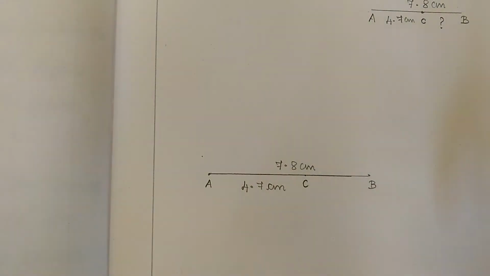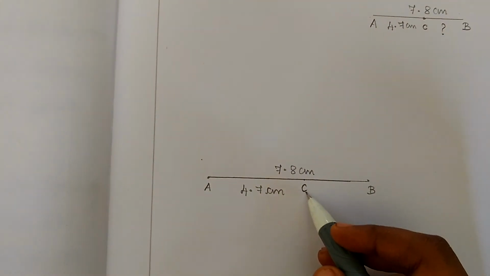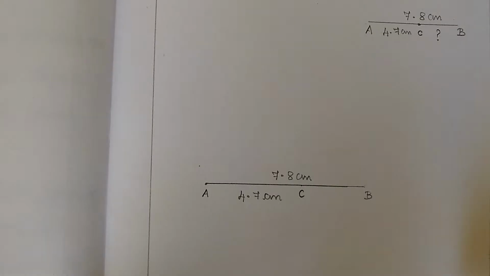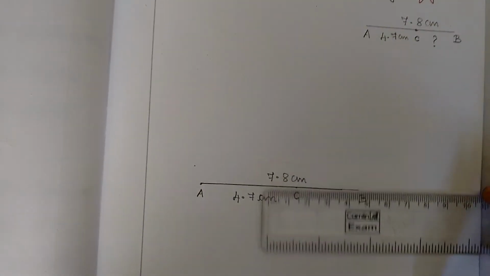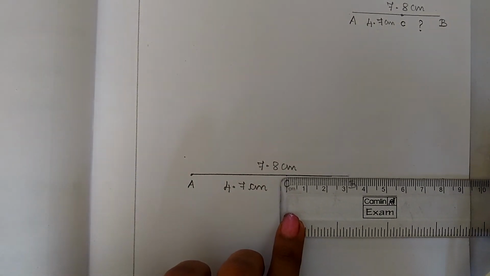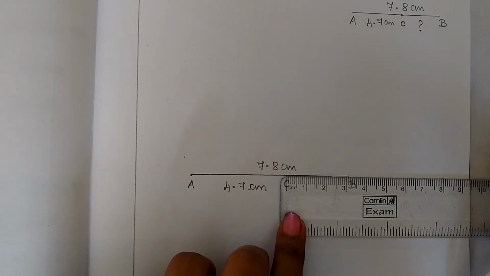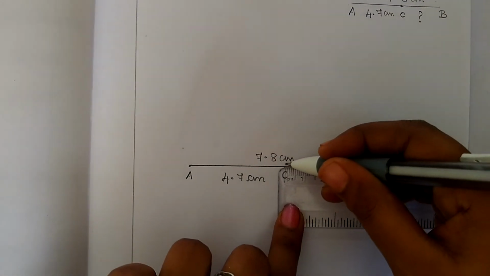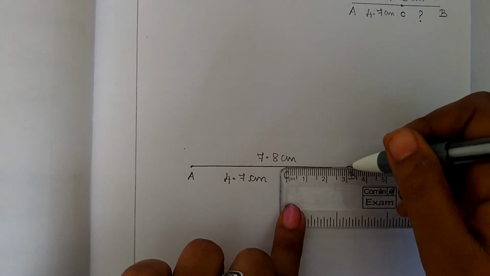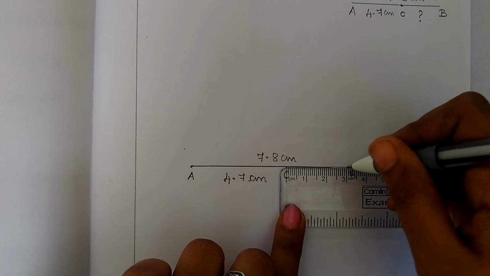Next step, we have to find CB, line segment CB. We have to measure using the scale. Here 0, 1, 2, 3, 3.1.